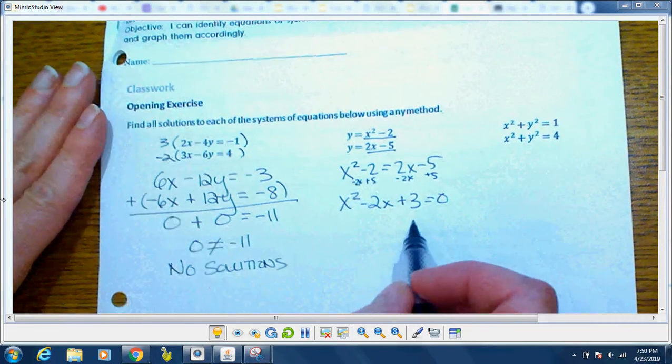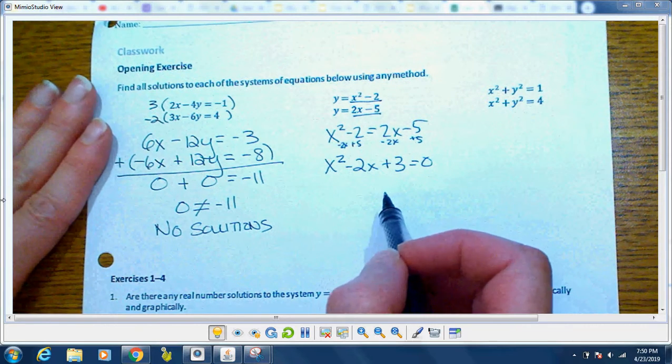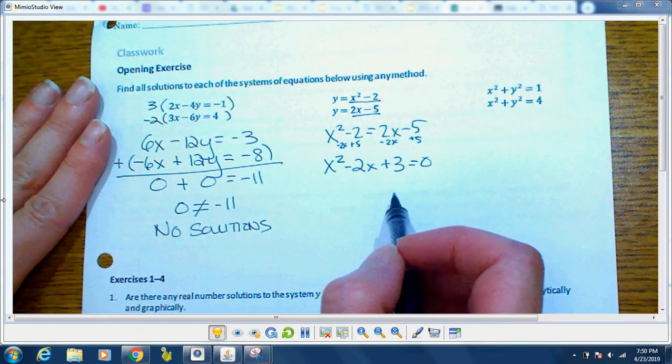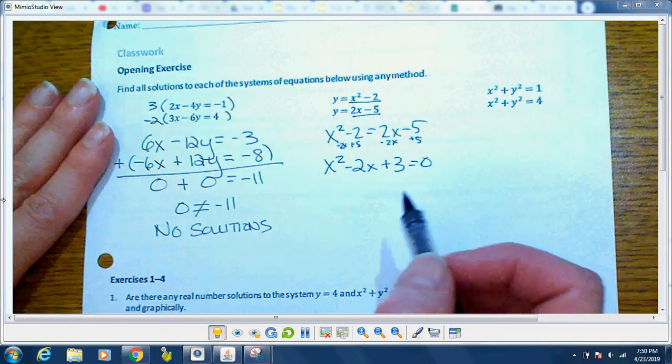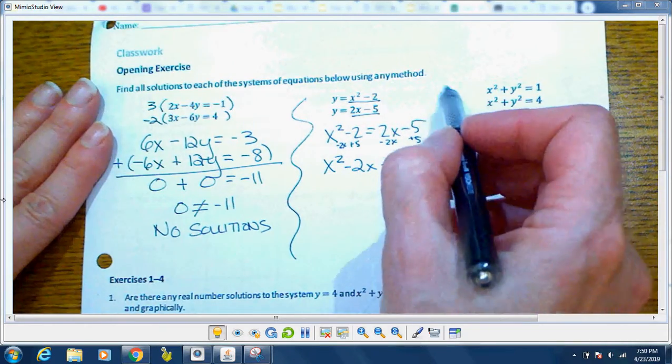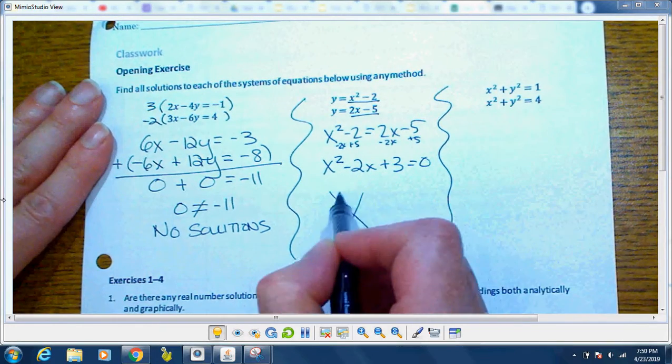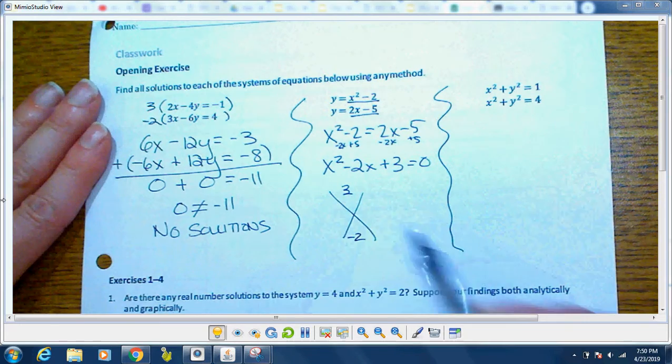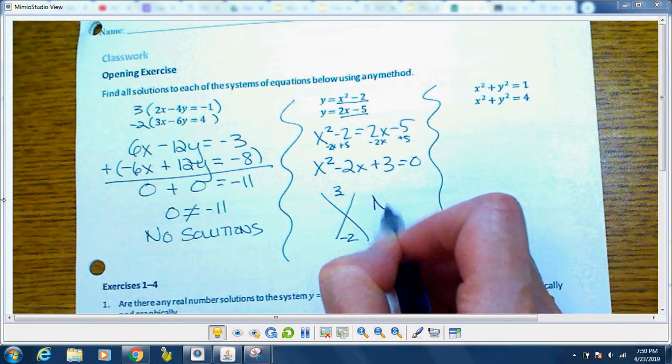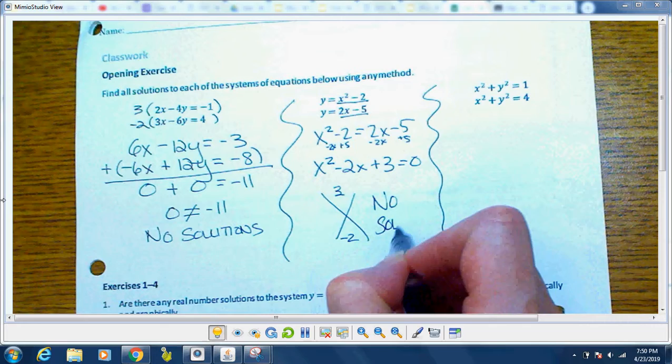So I'm looking for two numbers that multiply to make 3 and add up to -2. And that doesn't exist. There are no pairs of numbers that multiply to make +3 and add up to -2. So no real solution.